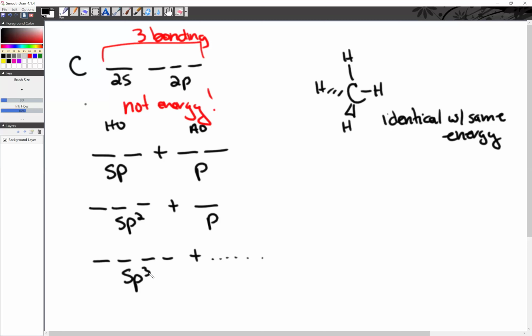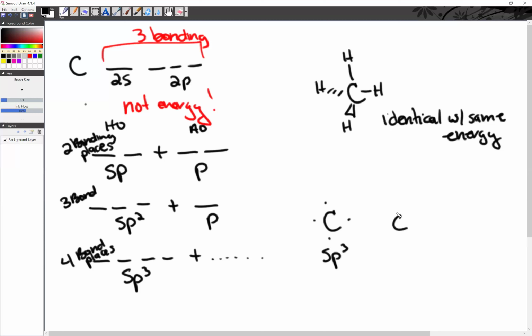Now the beauty of it is, this is 4 bonding places, this is 3 bonding places, and this is 2 bonding places. So when we were doing Lewis structures, the carbon, when we drew 1, 2, 3, 4, and I said, what are the loners? Those are bonding places. It was using sp3.